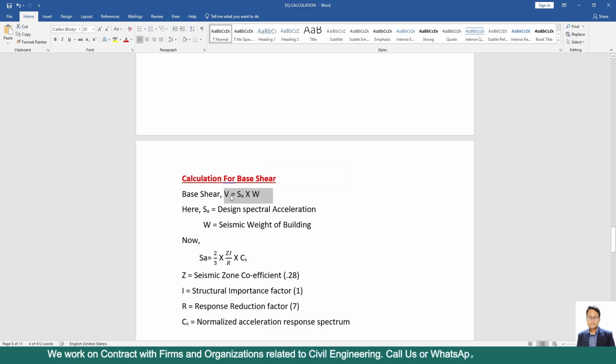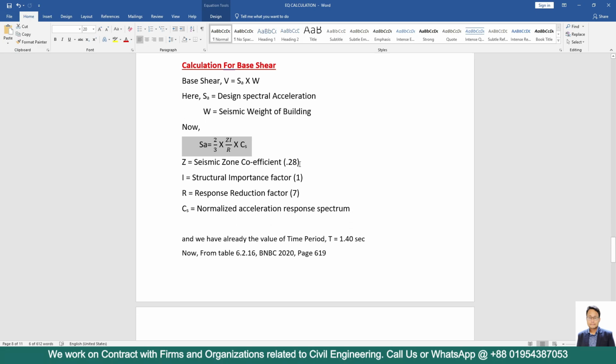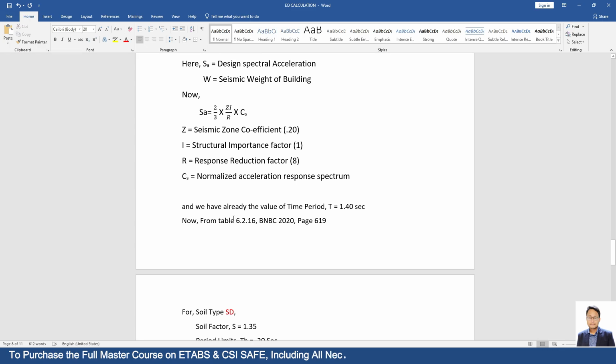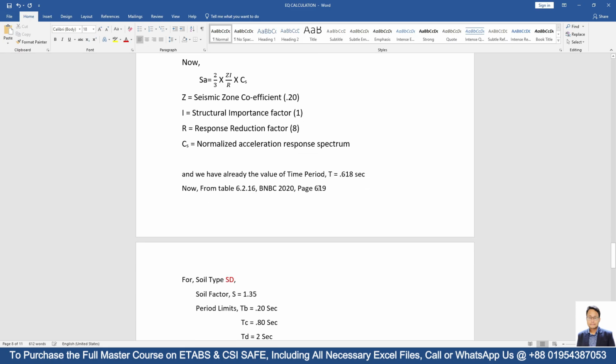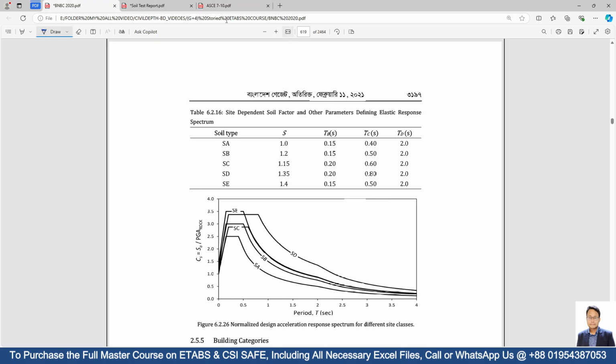Formula is V equals Sa into W. Here we have written Sa equals 2/3 into ZI divided by R. In our case, seismic zone coefficient is 0.20, structural importance factor 1, response reduction factor 8. Then we already have the time period value, which is 0.618 second.